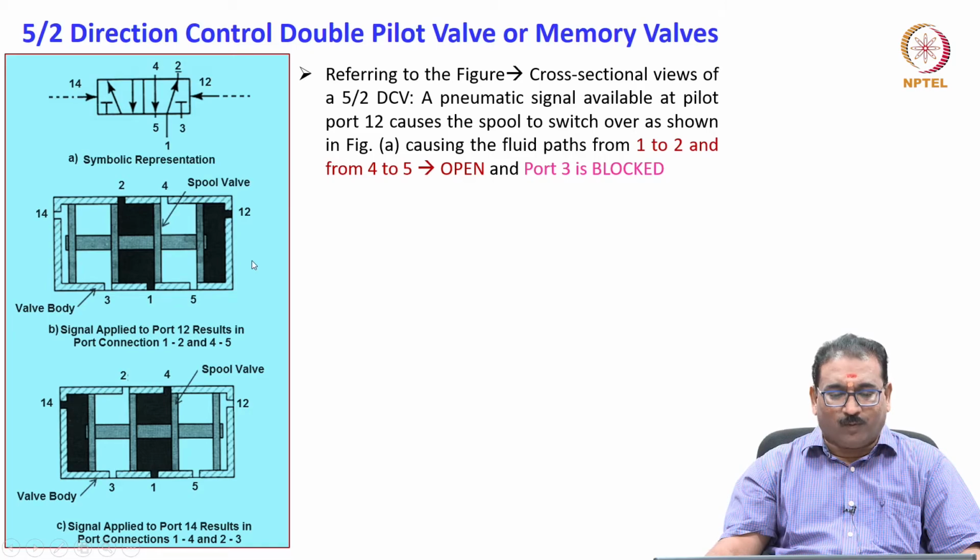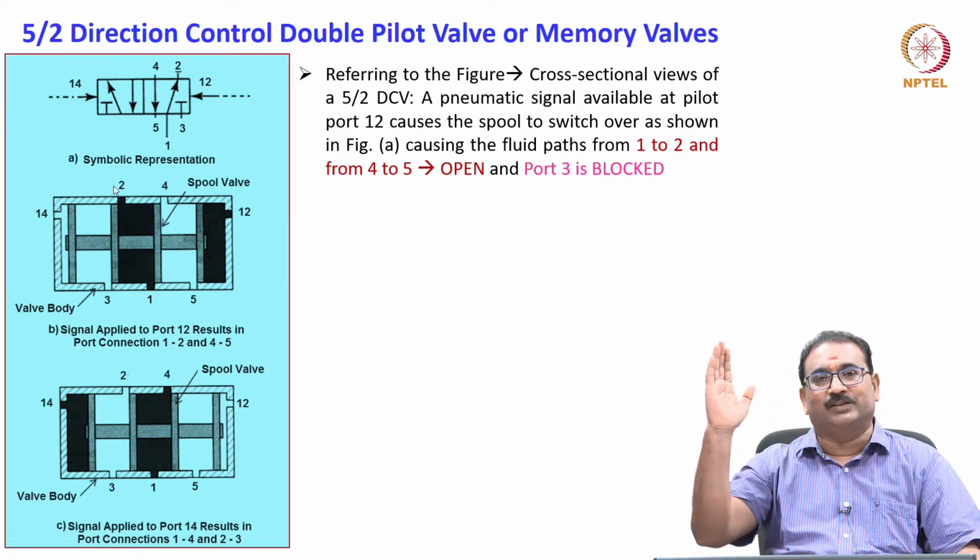Now we will see what happens in figure B. A pneumatic signal available at pilot port 12 causes the spool to switch over as shown in figure A. What happened here, friends? See here, the fluid path is 1 to 2, energy is going to 2. Then the cylinder will extend.